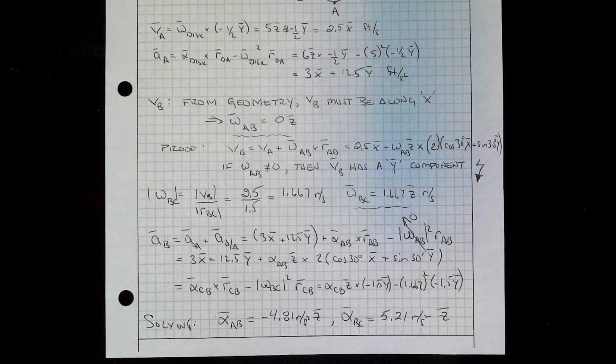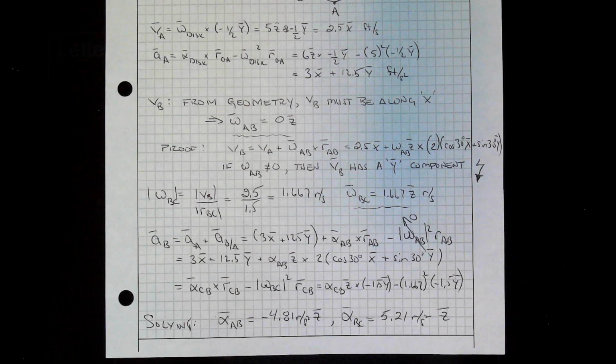If two points are going in the same direction, one can't have a different magnitude, because otherwise it's not a rigid body; it would be stretching or compressing. Given that A is going 2.5x, it is immediately obvious that VB is also 2.5 in the x. Also, if this has the same velocity as that, it's obvious that omega AB isn't rotating. This whole thing is just sliding across at this instant. So omega AB is 0.